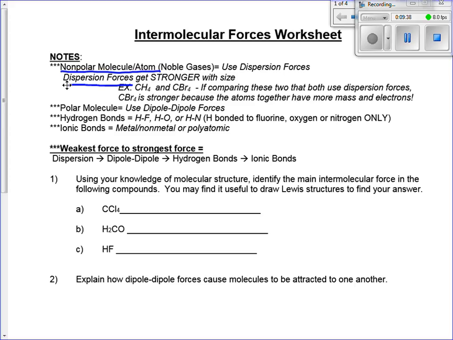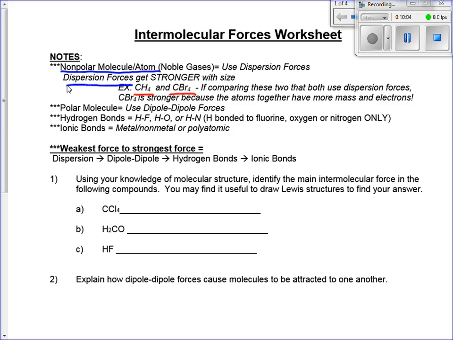Okay? Now, before we get to that, I forgot to address one more thing about dispersion forces. Dispersion forces get stronger if the molecules get bigger. See right here, we have CH4 and we have CBr4, so methane and carbon tetrabromide. Carbon tetrabromide, those bromines are a whole lot bigger, right? They have a mass of about 80 each.